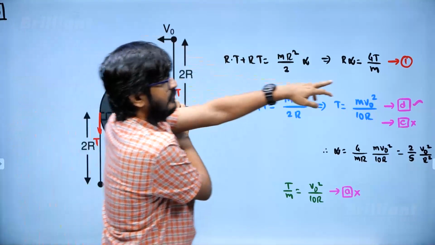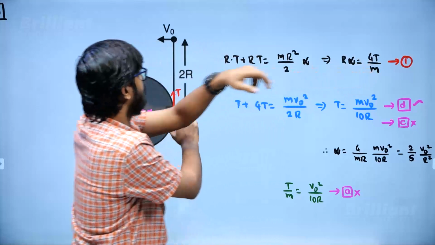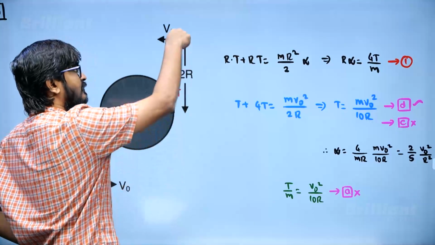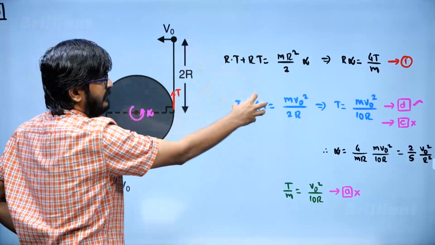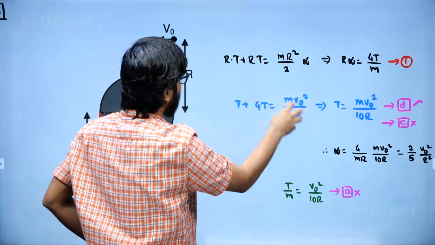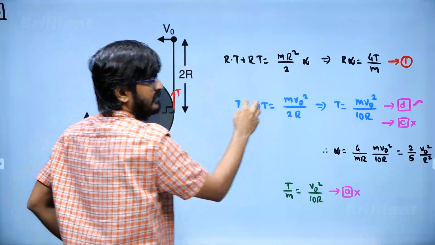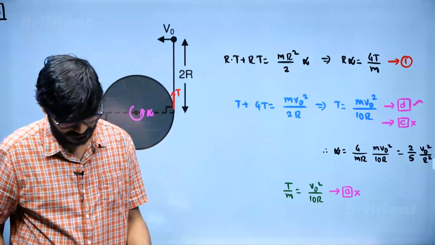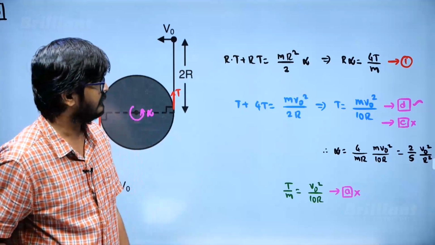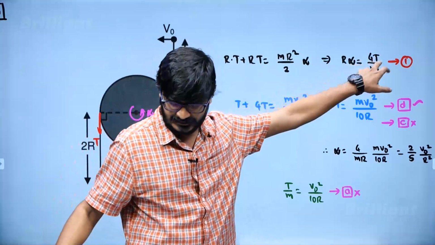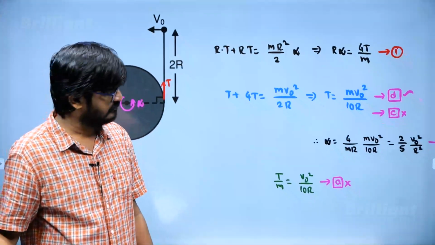So m into that acceleration is 4mv0. So when I observe from this point, there will be tension T and pseudo force magnitude 4mv0. So net force is 5T, and 5T equals mv square by that radius. From there you will get tension, which will give you option D as correct and option C as wrong. And once you know tension, you can substitute it back and you can get alpha, which says option B is correct.